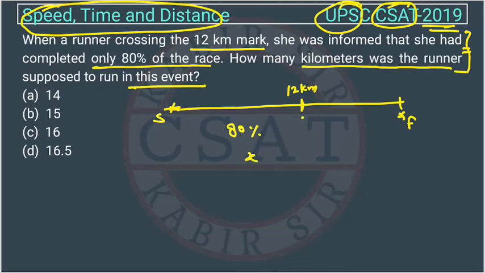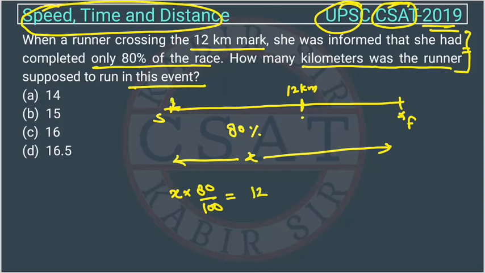Suppose this is x kilometers from here to here. So x kilometers 80% is equal to 12 km, because from here to here the distance is 12 km, as this is the 12 km mark.